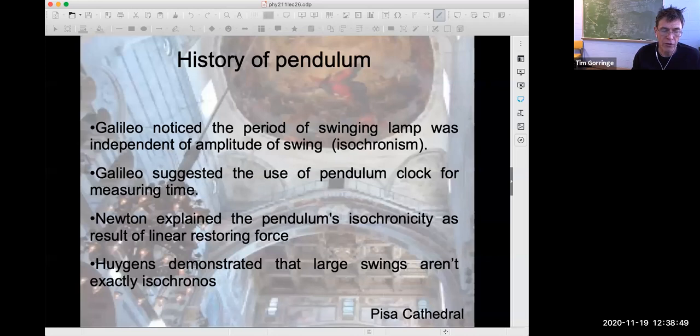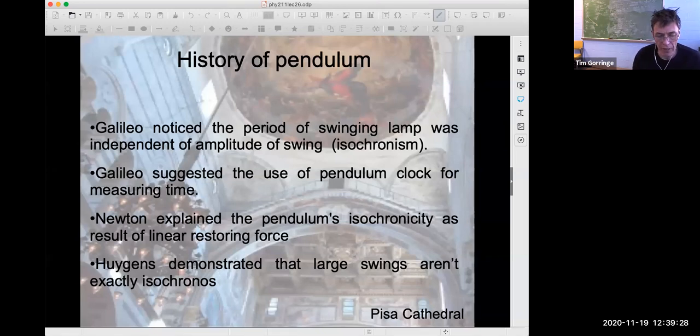And before using pendula as clocks, people relied on natural repetitive motion, like the motion of the Earth around the sun, or the rotation of the Earth about its axis, or the motion of the moon around the Earth to measure time intervals. But now Galileo was suggesting a man-made way of measuring time intervals using the oscillation to and fro of a pendulum, like a lamp on a cable, like a candelabra on a cable.